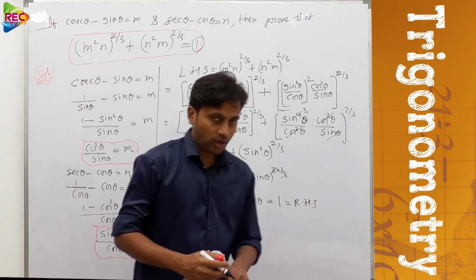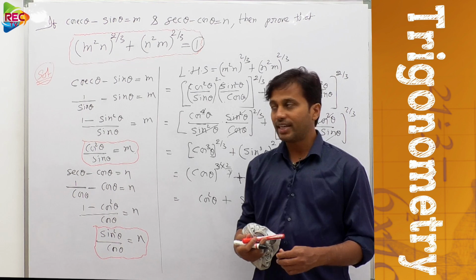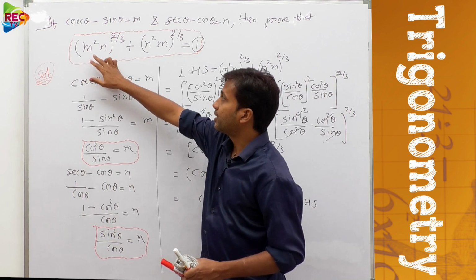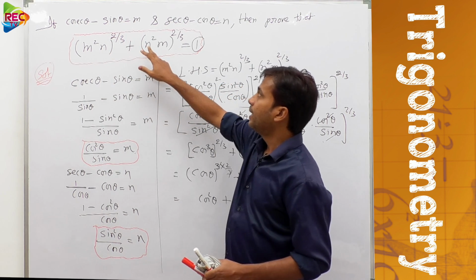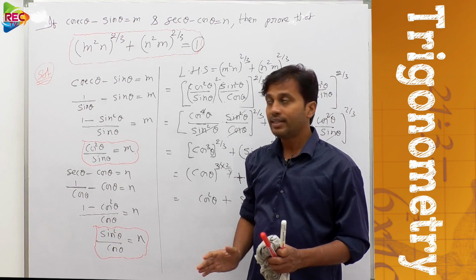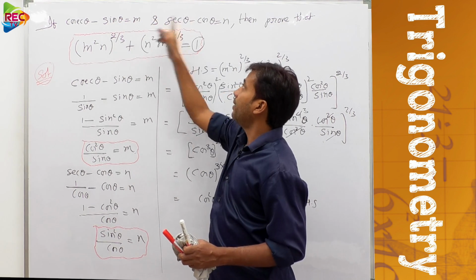So what are the key points to solve this problem? Tell me guys. Here we need to take, in order to get this condition, m square n whole power 2 by 3 plus n square m whole power 2 by 3 equal to 1, two conditions are given in m and n.